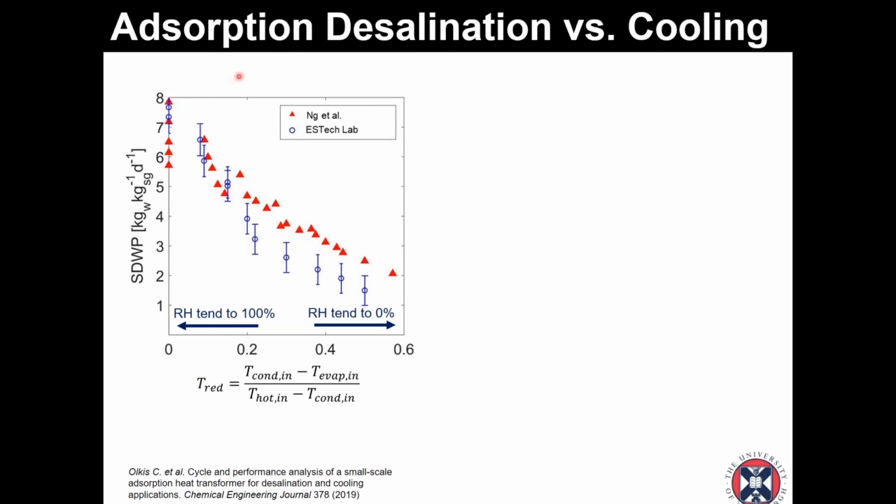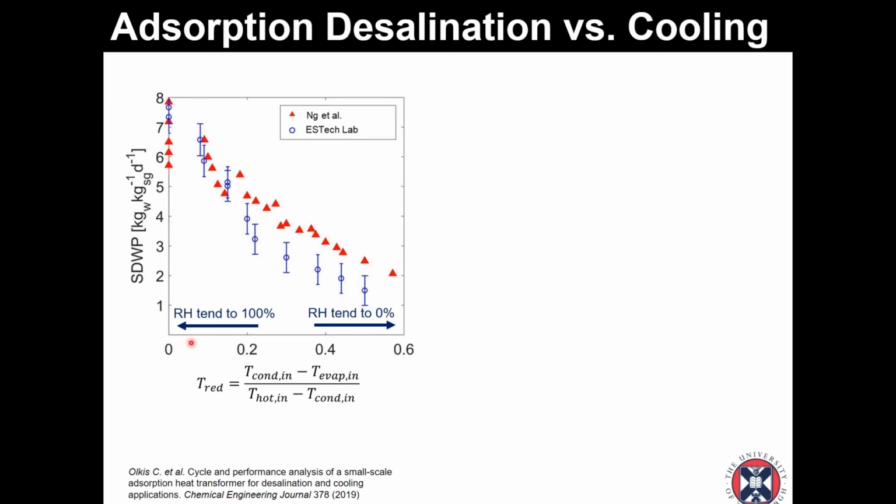In particular, in adsorption desalination, on the vertical axis the value we primarily check is the specific daily water production, how much water is produced per day. You see that when we work at low T-red, close to 0, we have high water production.